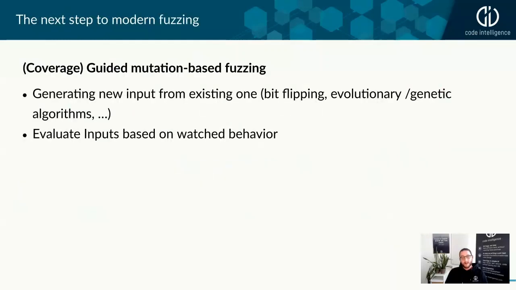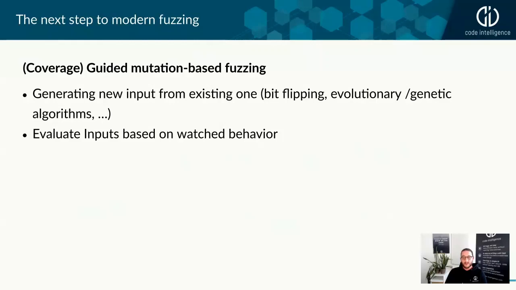And this is called coverage-guided mutation-based fuzzing, where the idea is that you don't just create random inputs without knowledge about the application. You see how the application behaves under test with specific inputs, and then you generate new inputs based on this information. For example, that can be simple bit flipping.